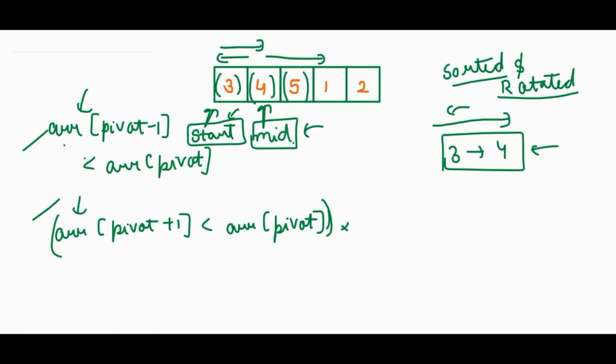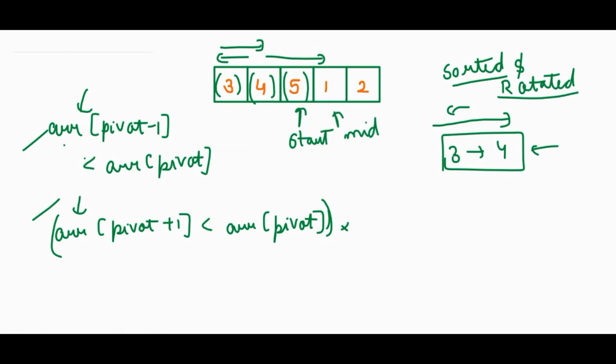Let's take some other example. At a certain position, let's say our start is pointing to 5. In this case, I will see whether mid is less than start or not.